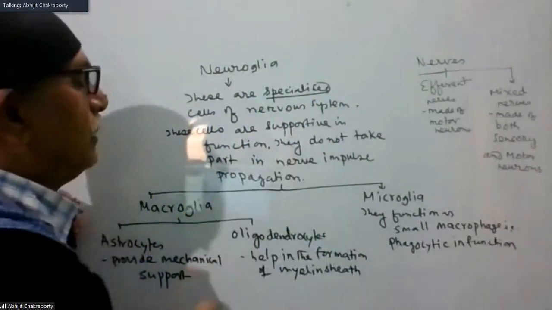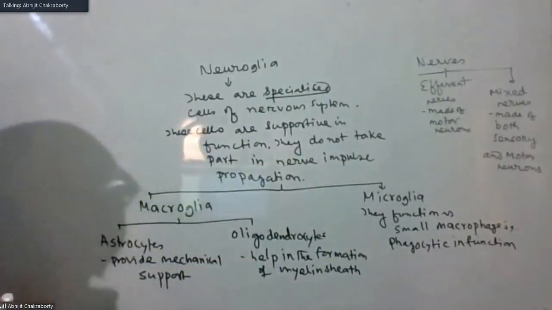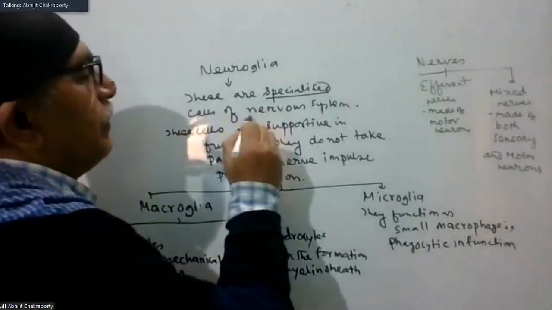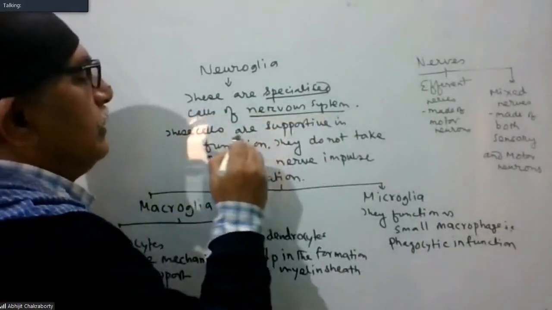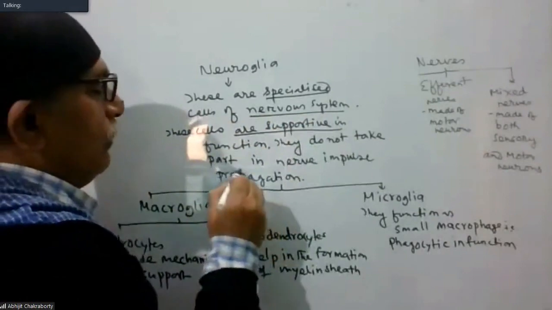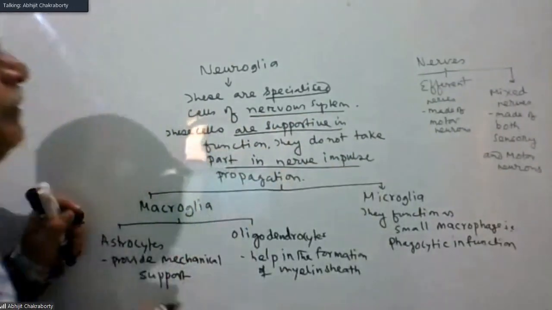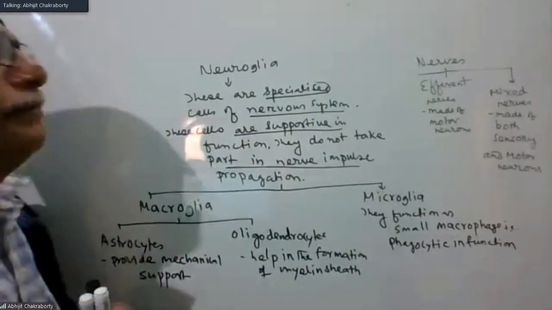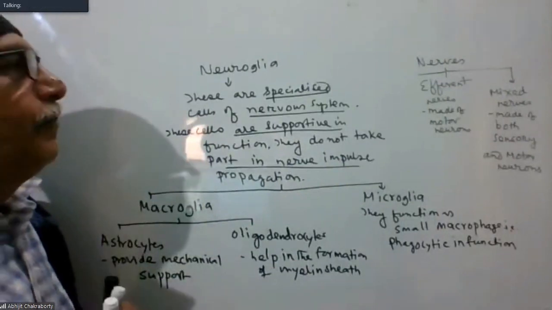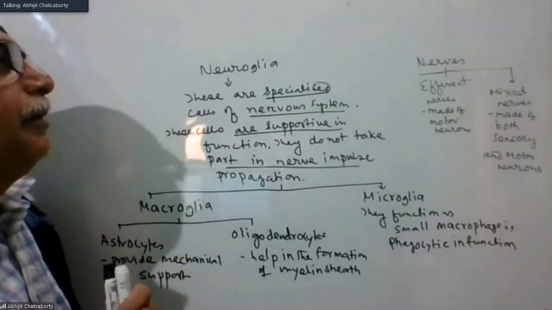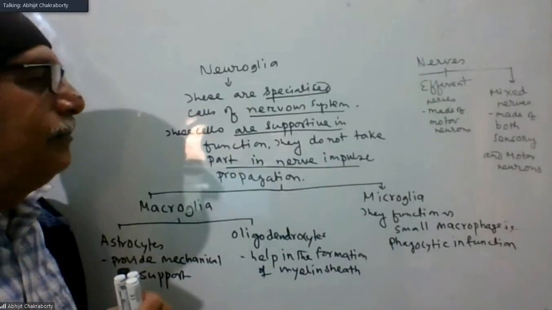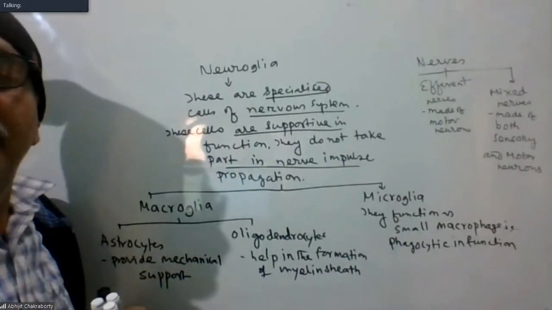Second, third, they do not take part in nerve impulse propagation. Better: specialized cells of nervous system, supportive in function, and do not take part in nerve impulse propagation. Clear? This is what about the neuroglia. Any doubt?